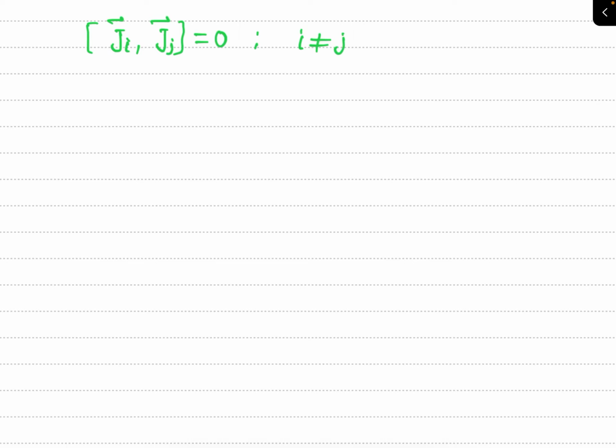Is it okay? Now, the operator corresponding to the total angular momentum of a system of total n particles, which are actually non-interacting, is given by the vector sum of the operators corresponding to the particles.